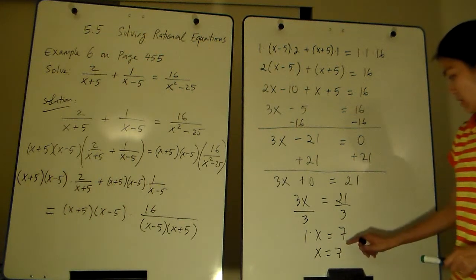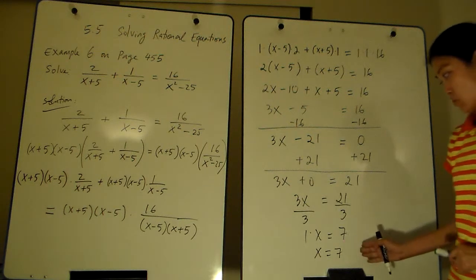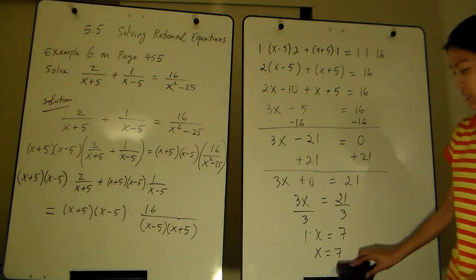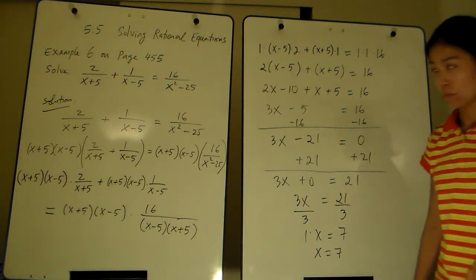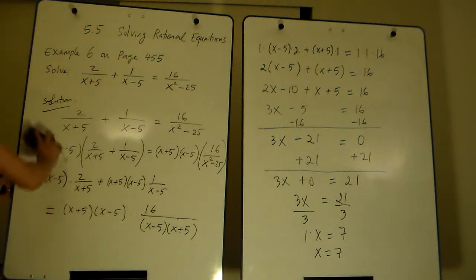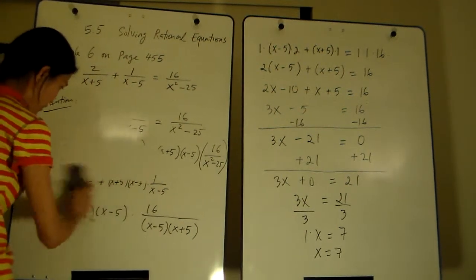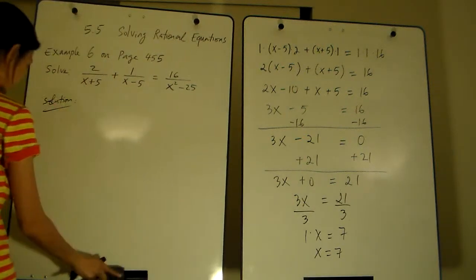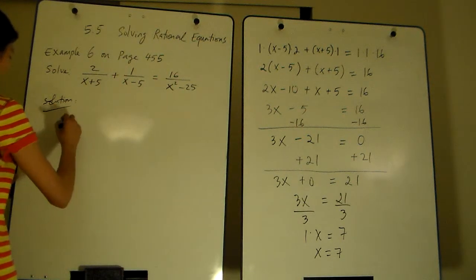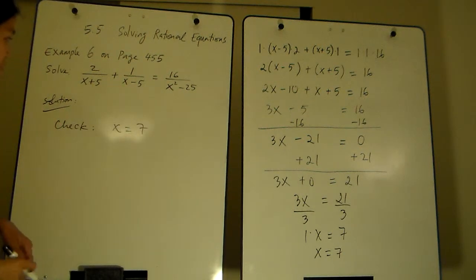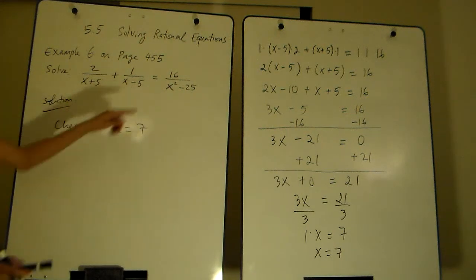Again, it looks like this is the solution to the equation, but make sure you check the solution to see if this solution is valid. So I'm going to check the solution here. Check. x equal to 7, so substitute 7 for x.